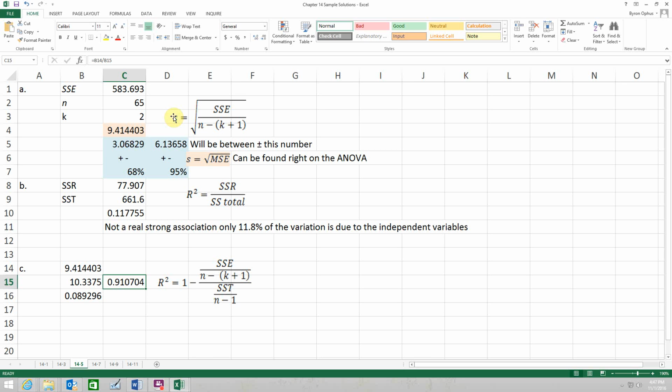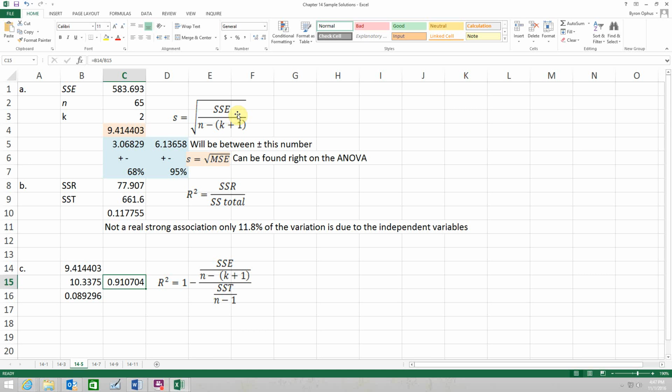So if you go back to the middle of page 484, it's got the multiple standard error of estimate. That's the formula that we use, and they've condensed it a bit and say that it's the square root of our SSE divided by n minus (k plus 1). The SSE is given if I look at the ANOVA table.